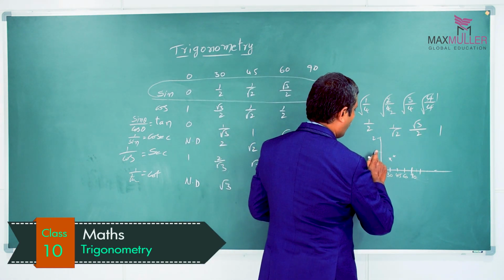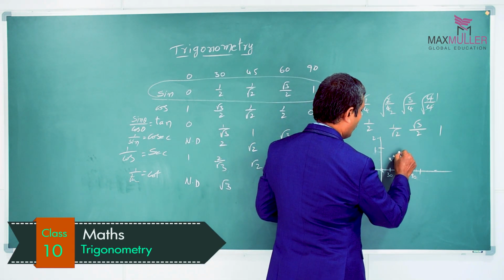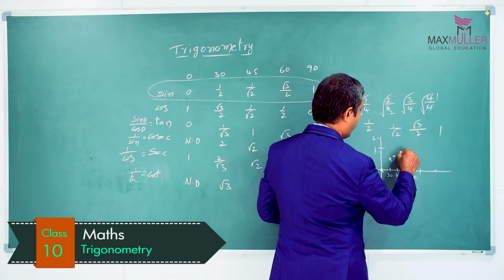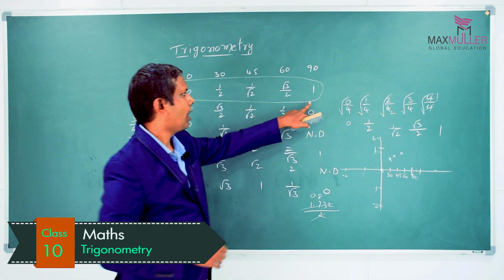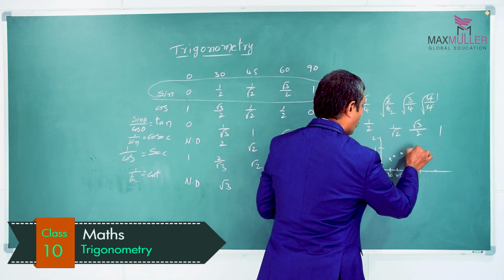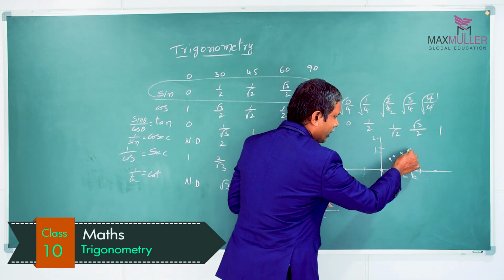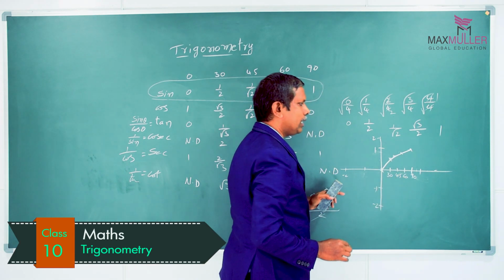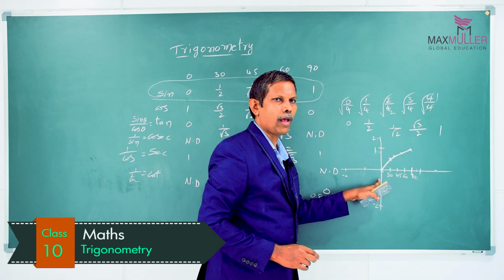So here you will get the 60 value, 0.8. After that, what is the value of sin 90? That is equal to 1. So if I join these, that is the graph of the sine values.